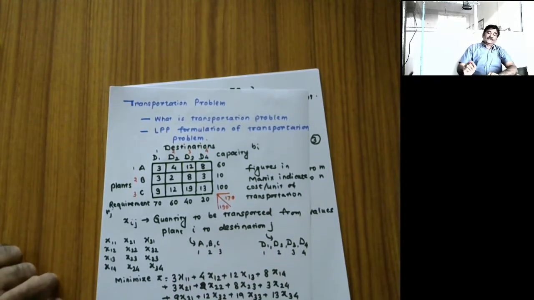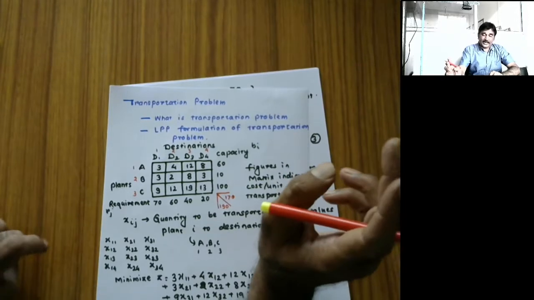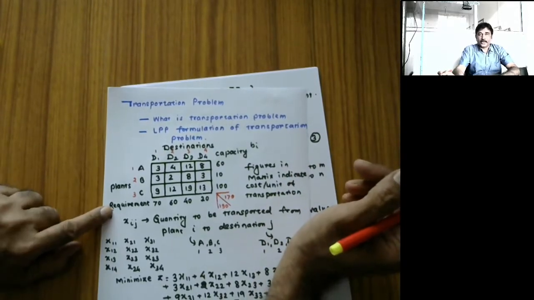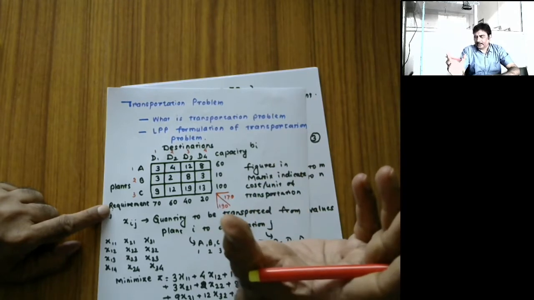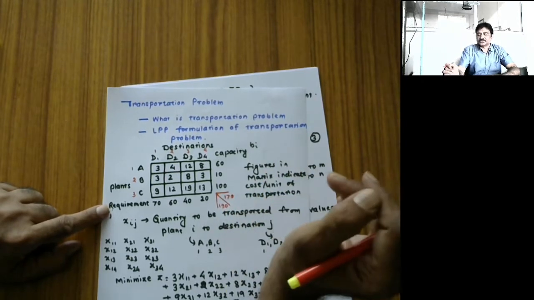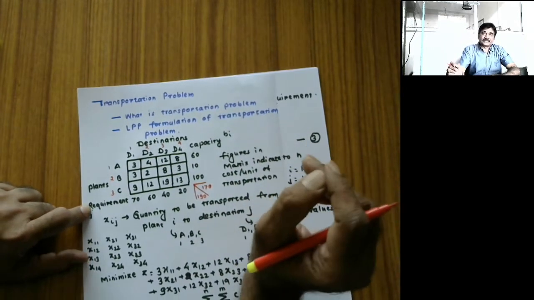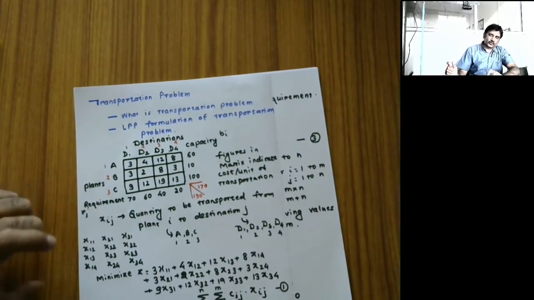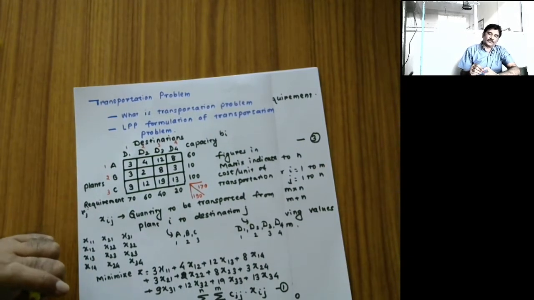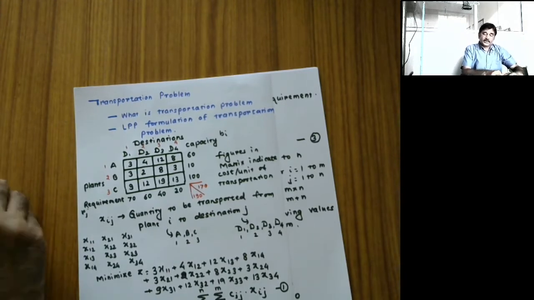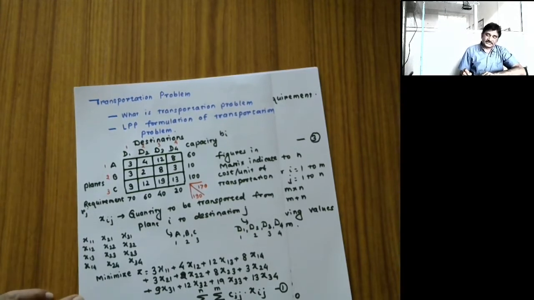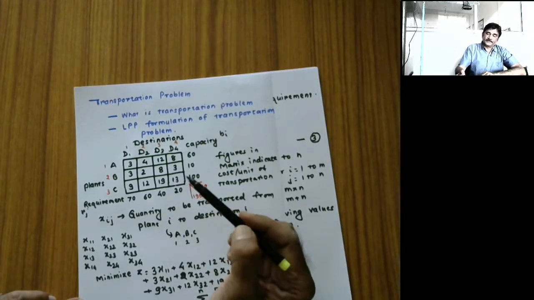So, if it is possible for me to balance the capacity and requirement, then probably I will have a different consideration, a different inclination toward this problem. So what I do, I try to balance the requirement and the capacity. How can I do that? I am falling short of capacity by how much? 20 units.